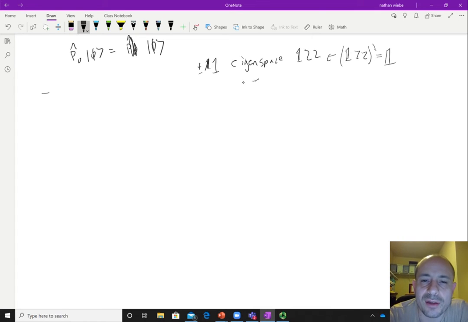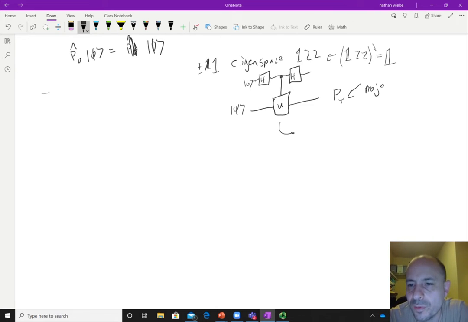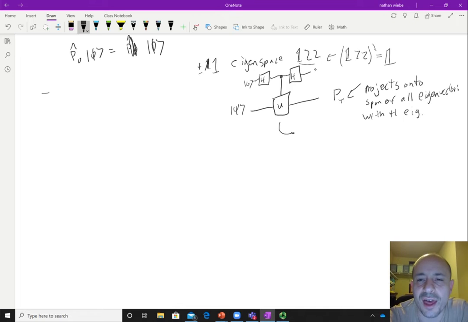If we begin with the state 0, apply a Hadamard transform, then a controlled U-gate, apply a Hadamard transform over here, and begin with a state psi, what we end up getting back out is that P plus projects onto the span of all eigenvectors with +1 eigenvalue of this operator over here.